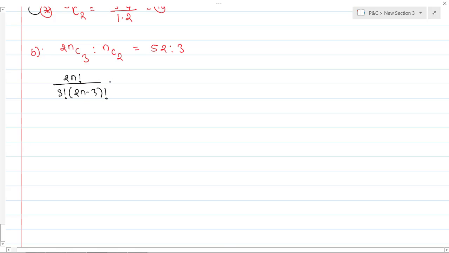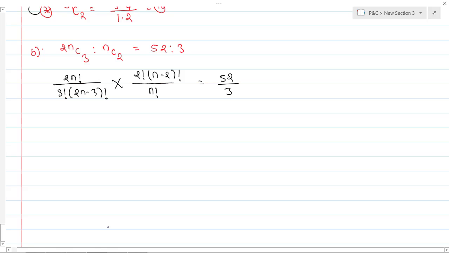It is a division, and if I want to write it in multiplication form, the numerator becomes the denominator and the denominator becomes the numerator. So nC2 will be equal to n factorial upon 2 factorial into n minus 2 factorial. It is equal to 52 by 3.